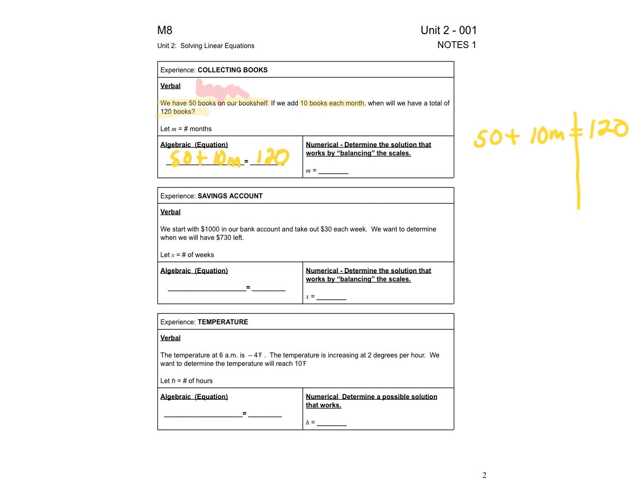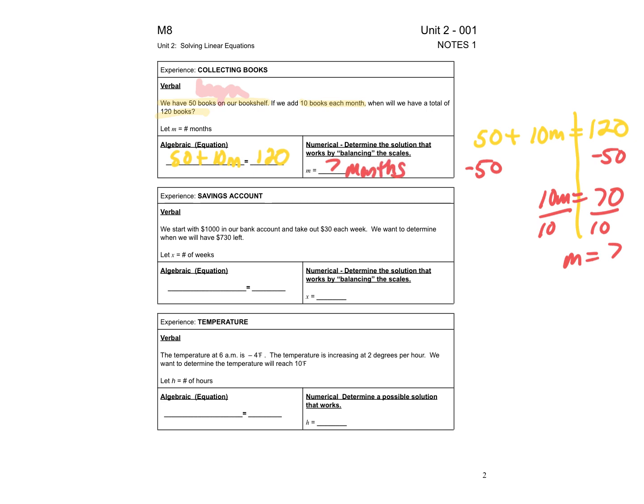I'm going to draw my line to keep it balanced. I'm going to change this color because it's too light, 50. So you'll have 10m equals 70, and you divide by 10, and you get m is equal to 7. Just want to give you a minute or two to write that. So that's 7 months.